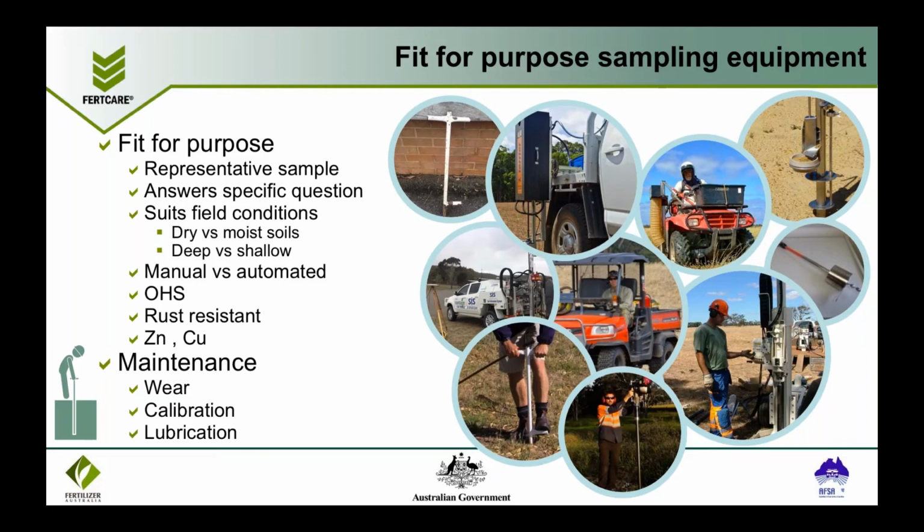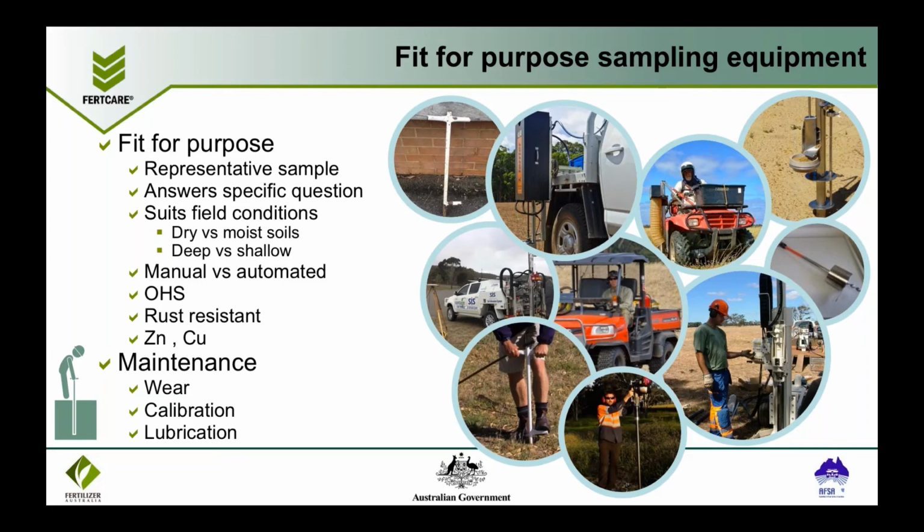The equipment may need to be rust resistant, and account for things like contamination from trace metals, things like zinc and copper. So things like galvanized iron buckets are out of the equation. Even things like sunscreens and white plastics can introduce contamination from zinc.